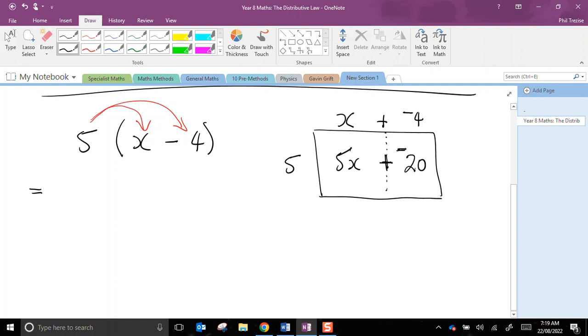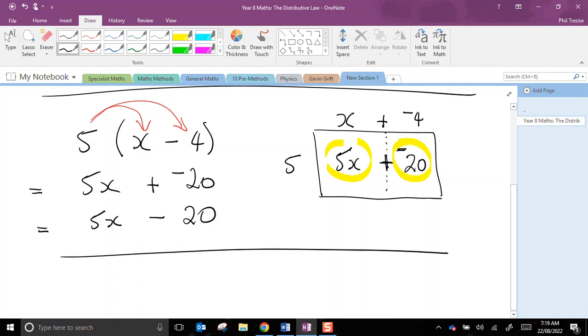My answer then is what I have in the first box, 5x, added on to the number I have in the second box, and the negative sign is part of that number 20, negative 20. Now sometimes that can be written, instead of adding a negative, as just take away the number 20.